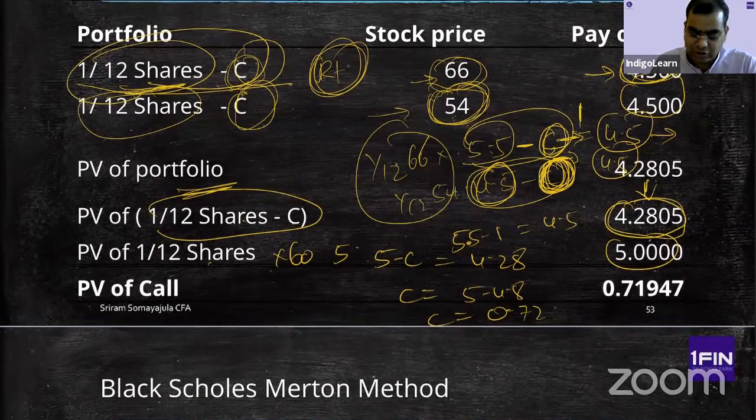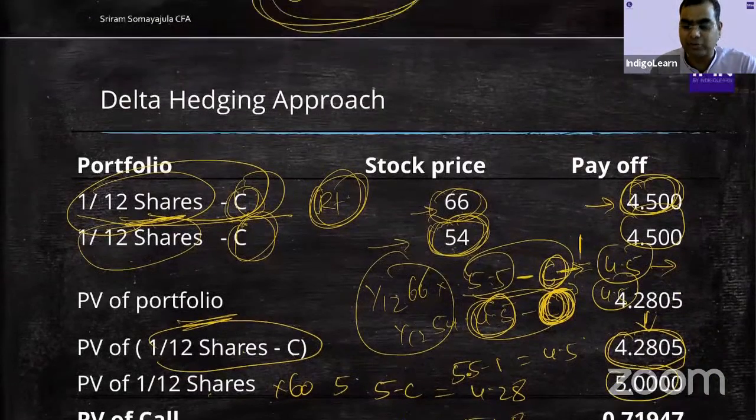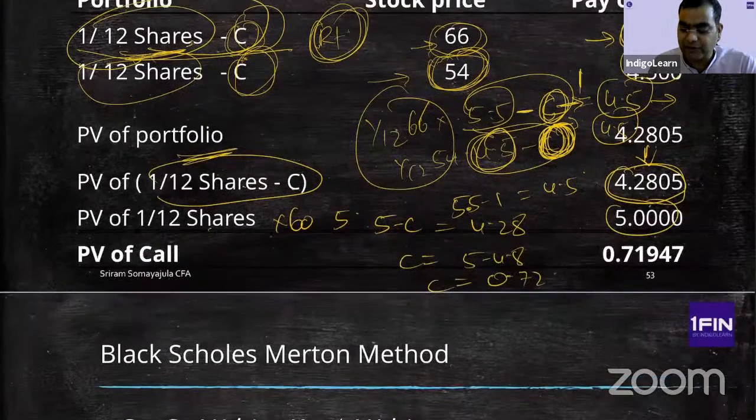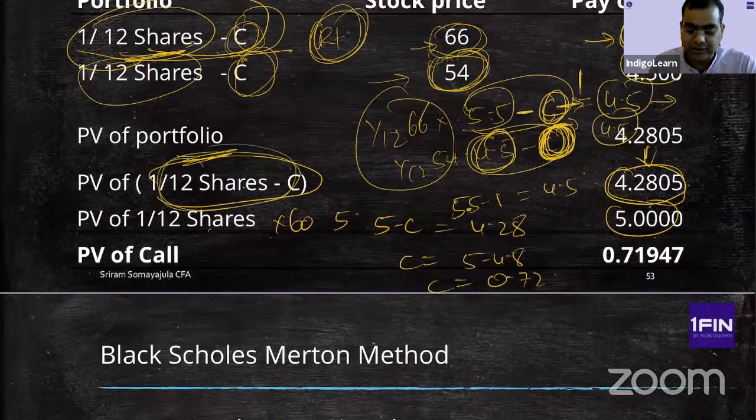So you are just taking C to the other side and computing a payoff for that particular portfolio and trying to figure out what the total payoff is in either scenario, and the payoff can only be the risk-free payoff. Then you consider the present value using the risk-free rate, and you compute the value of this portfolio using the present value of the risk-free payoff.